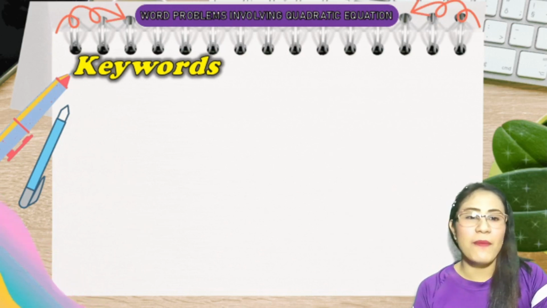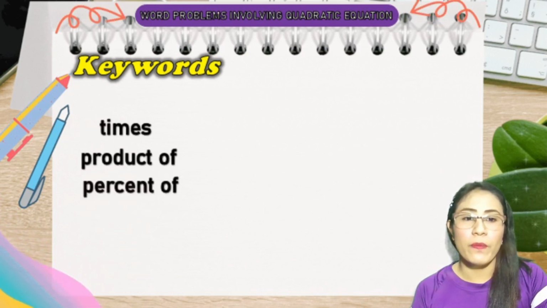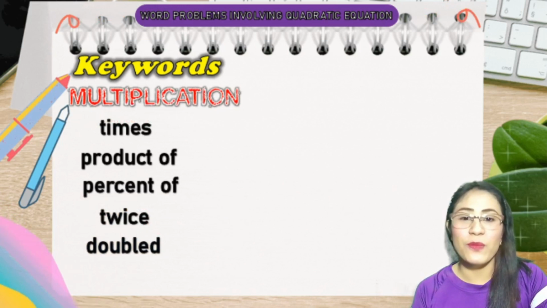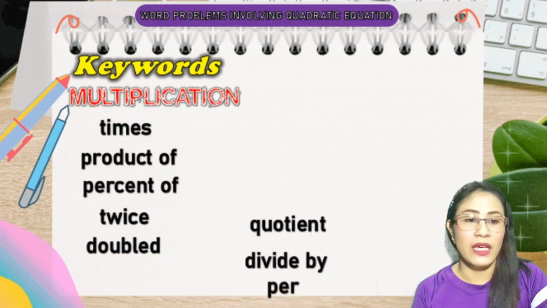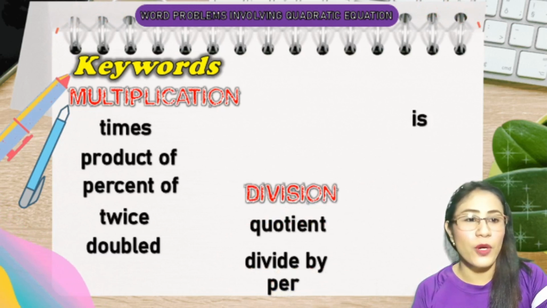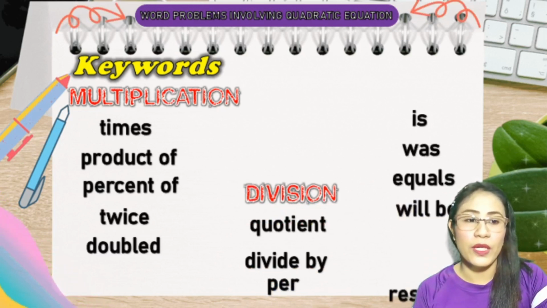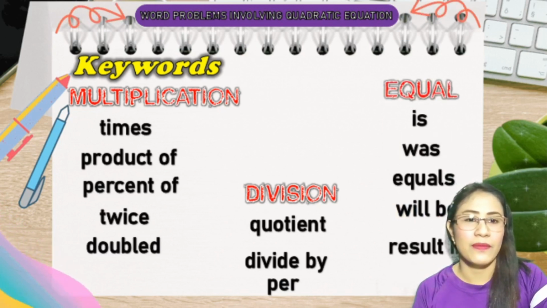Kapag naman nabasa nyo yung word na times, product of, percent of, twice, doubled, it means multiplication. Kapag naman quotient, divide by, per, it means, of course, division. And kapag naman itong mga word na to is, was, equals, will be, result in, it means equal sign.